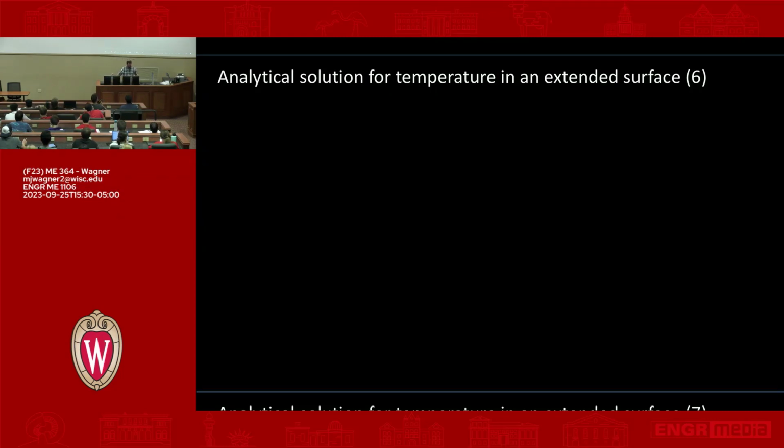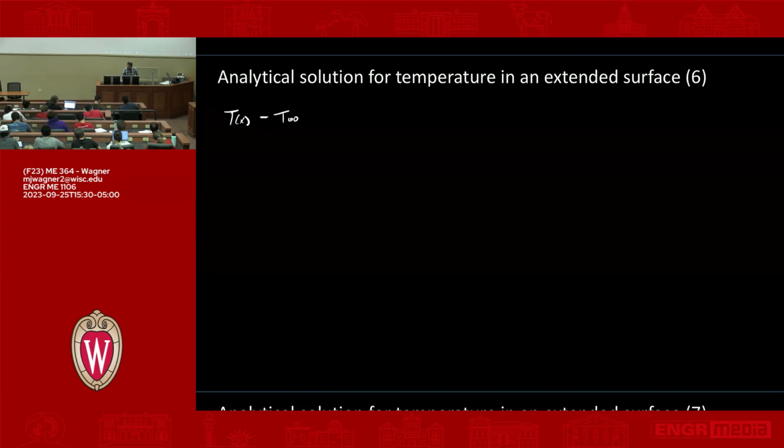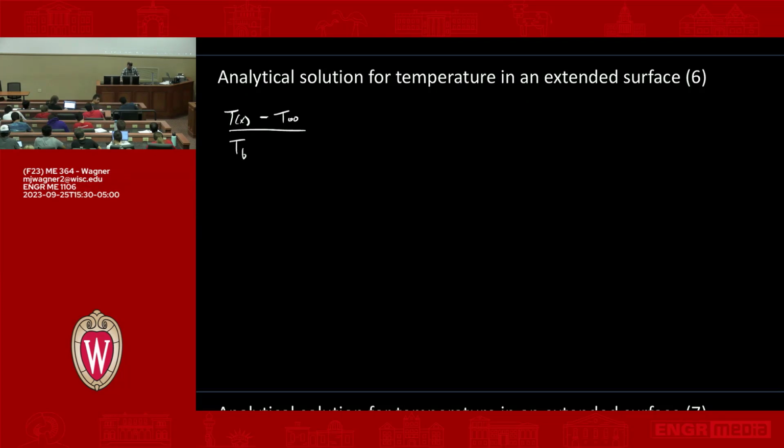So let's take our expression. What I'm going to do is rewrite our general solution, sub in the unknown constants, and then do some normalization. It's exactly the same thing we just derived, just rewritten. So let's say our temperature, which is a function of x, we're going to normalize: T(x) minus T infinity over Tb minus T infinity.